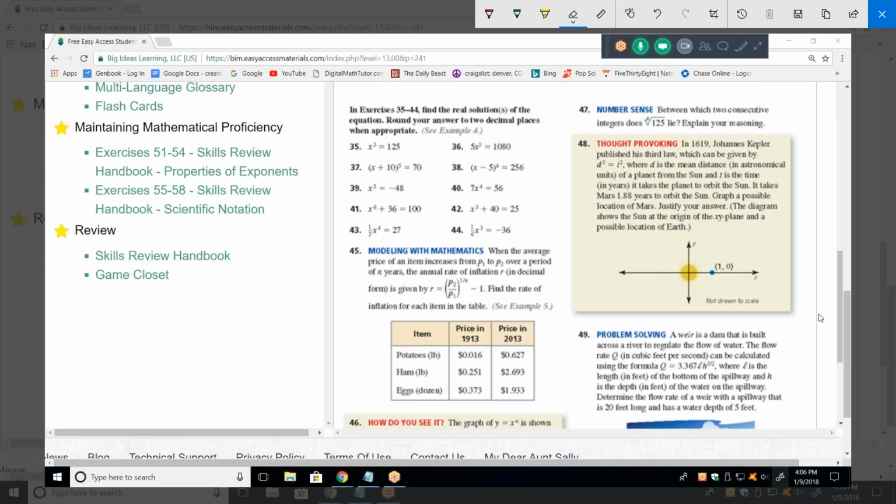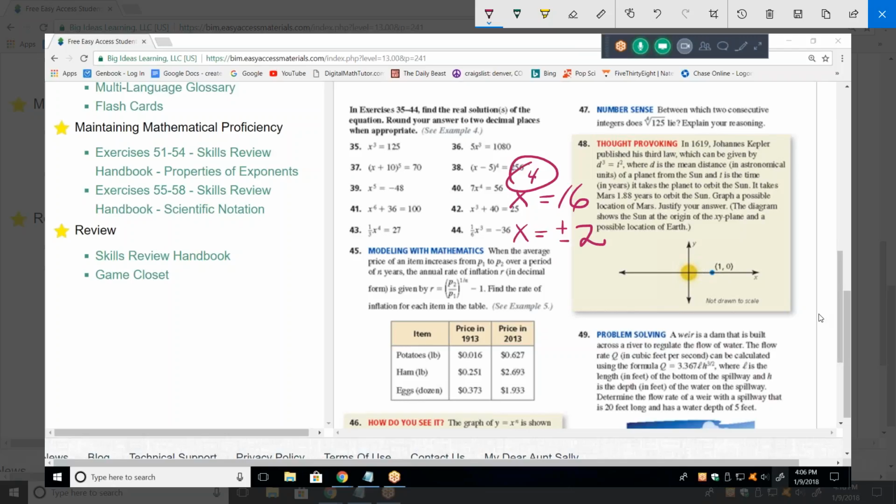Now, your calculator doesn't give you the negative answer. It gives you just the positive answer. But if I told you x to the fourth was equal to 16, then x is plus or minus 2. Because that's even.